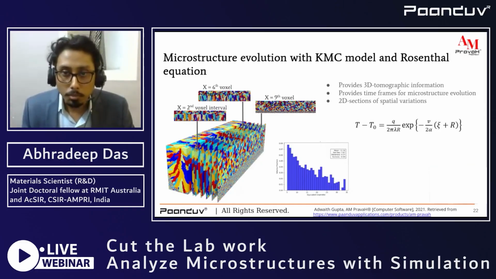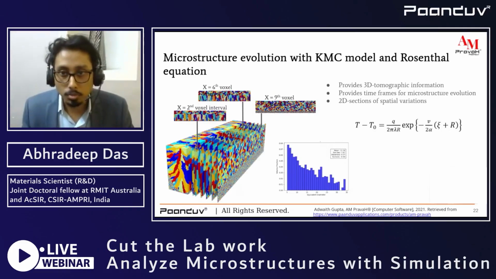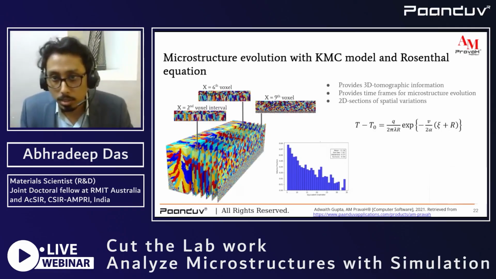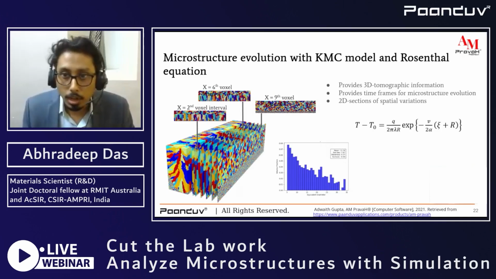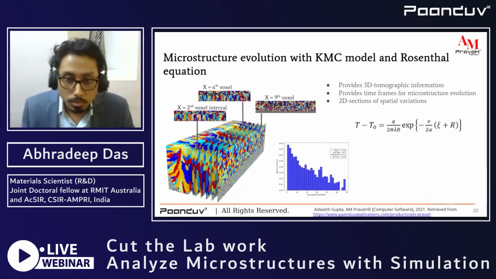Combining this kinetic Monte Carlo modeling with Rosenthal's equation, we provide a description of the microstructure developed during the process. In synopsis, it provides 3D tomographic information along with microstructural information, which are the grain boundary distributions and the grain sizes.